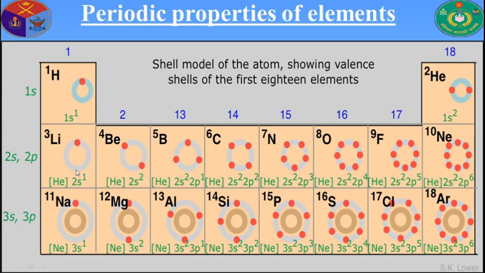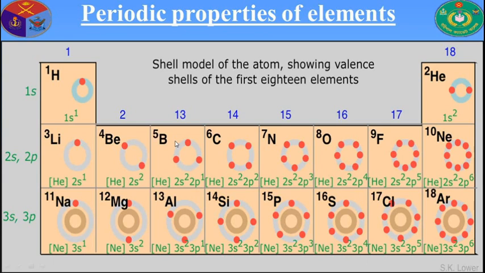So the attraction between the nucleus and the outermost electrons decreases more and more, and the incoming electrons cannot easily enter the outermost energy level. That's why the electron affinity decreases when we move from top to bottom in any group of the periodic table.